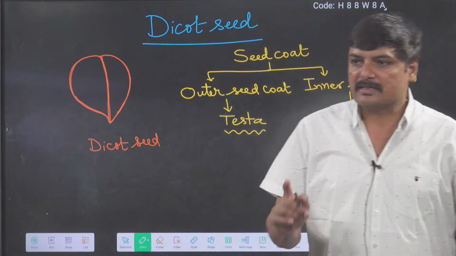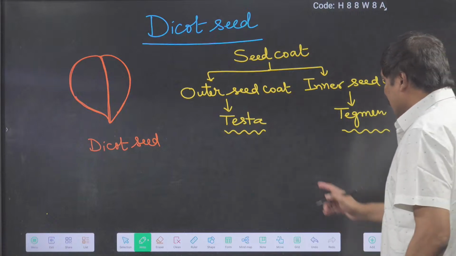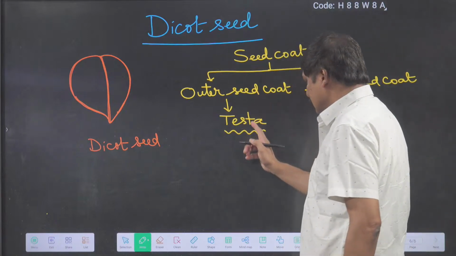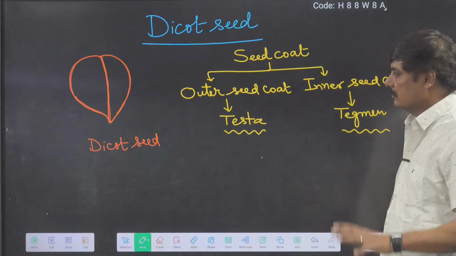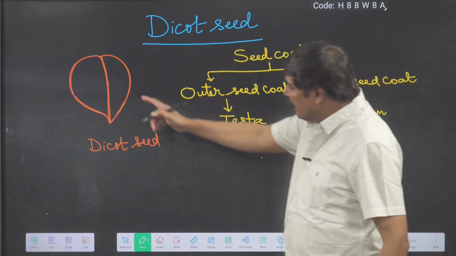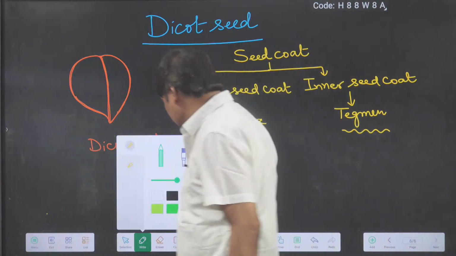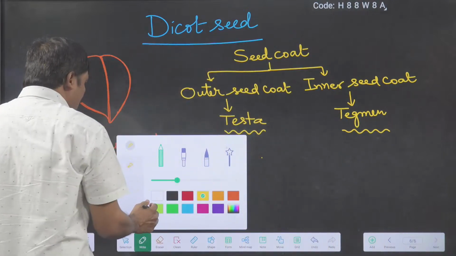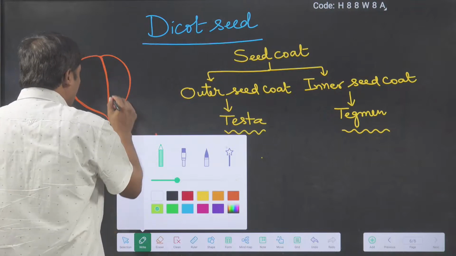Outer seed coat is called testa. Inner seed coat is called tegmen. Okay. On the surface of the seed, if you see, there is a scar. This scar is called hilum.